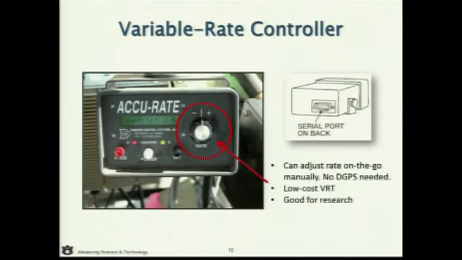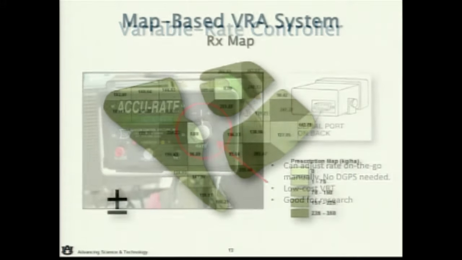I can be going across that field and just turn the knob and adjust the rate right on the go. Again, I don't need the GPS. I don't need much. It's just, can I look and see if there's a response? I can do strips, low, nominal rate, high rate, and look at my yield map. If they stand out, then I probably want to look a little closer into my variable rate program.